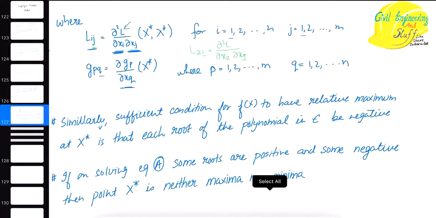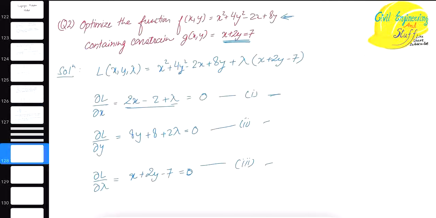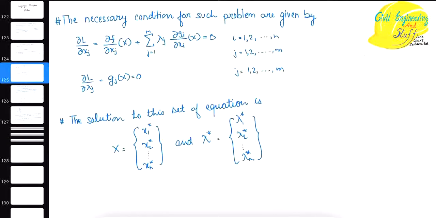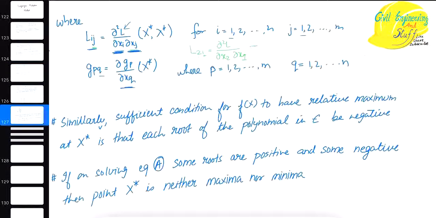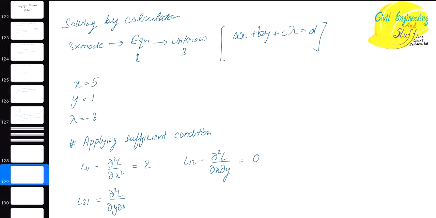In our equation we do not have x1 and x2; the equation is in the form of x and y. So here L21 is d square L divided by dy and dx.